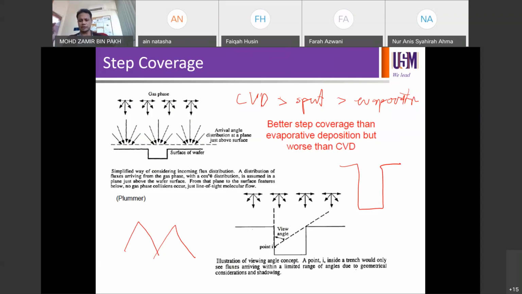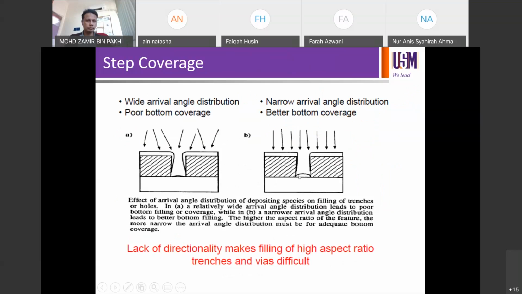So remember, last time I shared about my previous work on textured glass. Some areas are thinner than the other areas. So these are the arrival angles. Step coverage problem: wide arrival angle distribution, poor bottom coverage.